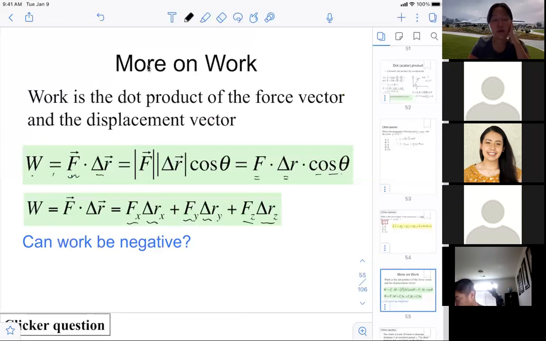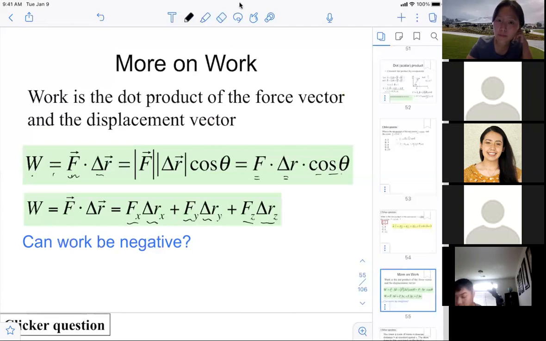I see. So earlier when we had vectors, we certainly could have negative vectors. If you define to the east as positive, then if you go to the west, that's negative. But work is not a vector, it's a scalar. It has only a number. Can that also be negative? And how could it be negative?